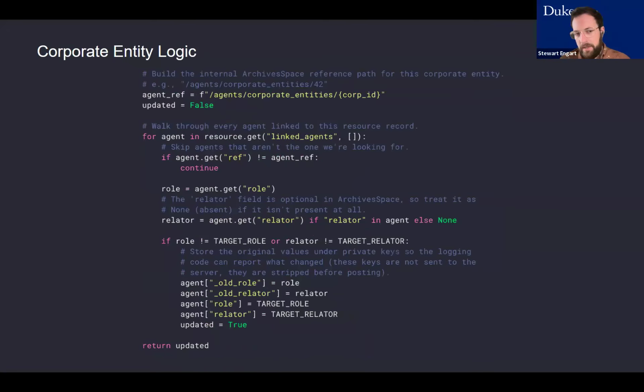And so on my side, and as Michael presented earlier, there's a lot of duplicate code dealing with connecting to ArchivesSpace. But mostly what I'm doing is comparing what exists through the API in ArchivesSpace to what we're getting out of the SQL queries, and then creating new roles, new relators.